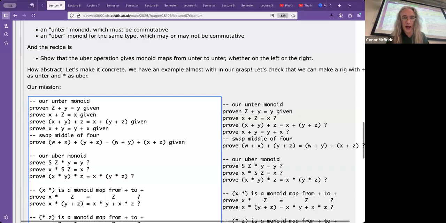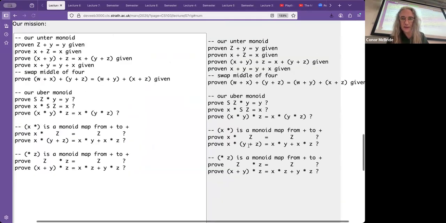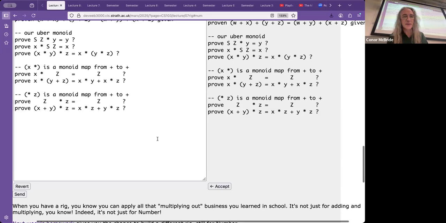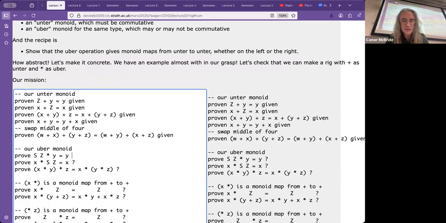So here, let's check that all of these additive things are given. And yeah, we did them already. They're all proven given. Okay. Next up, how about multiplication? Are these three given?